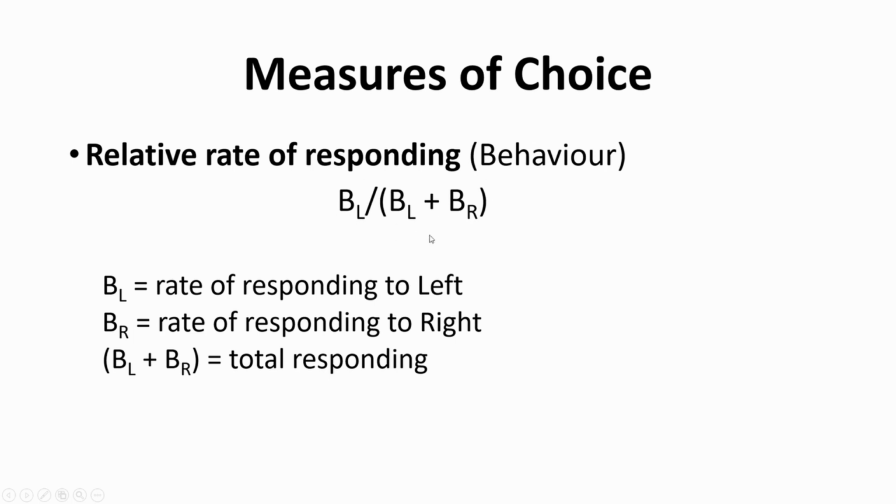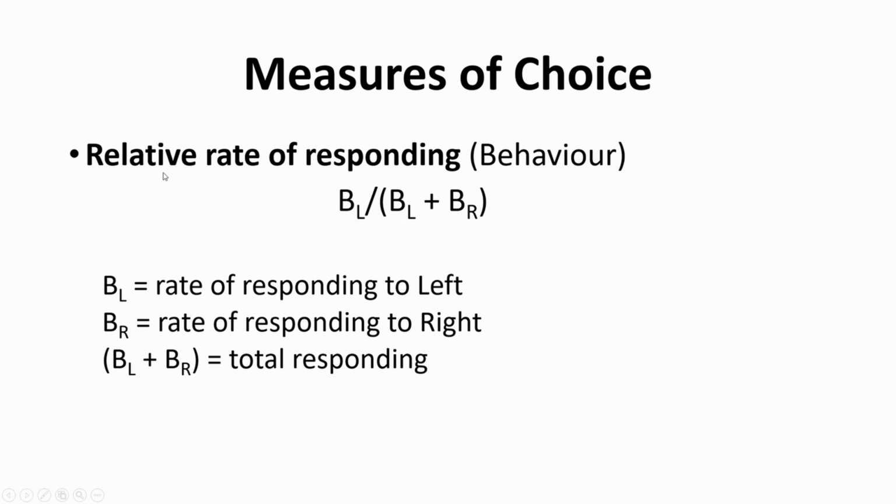This way we can see how much responding to one versus how much responding overall we're seeing. And you can set this up to look at the rate of responding relative to the left or the right. It doesn't really matter, especially where it's a dichotomous choice, so you can calculate the opposite fairly easily if you had to. But that's our relative rate of responding.